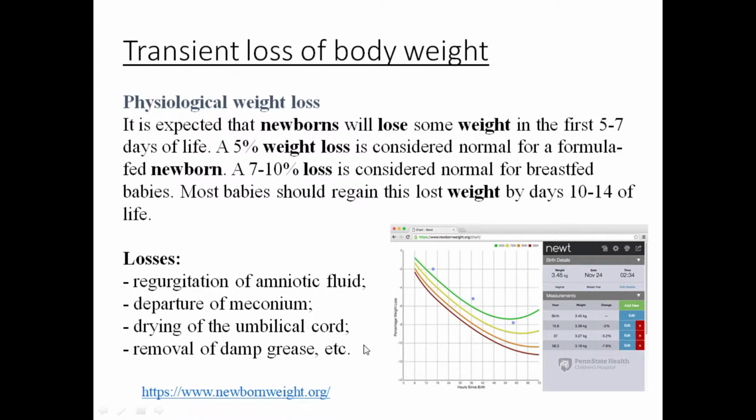We have a special tool that can help you analyze whether it is physiological weight loss or pathological weight loss. You can use the newborn weight tool, NEWT. You just enter the date of birth, time of birth, and weight, and whether it was a cesarean section or a vaginal delivery.